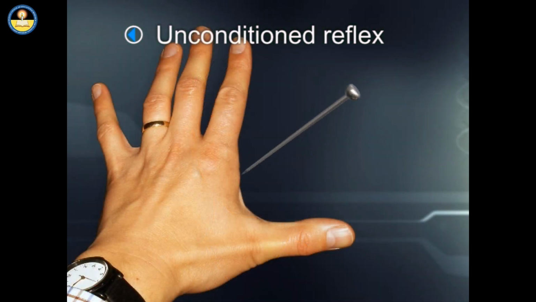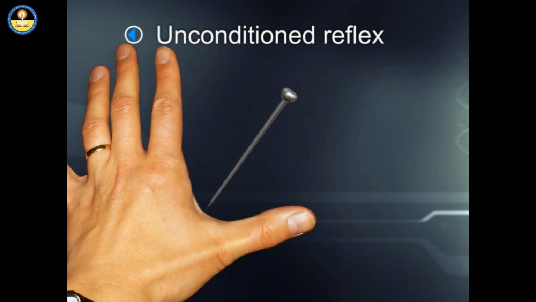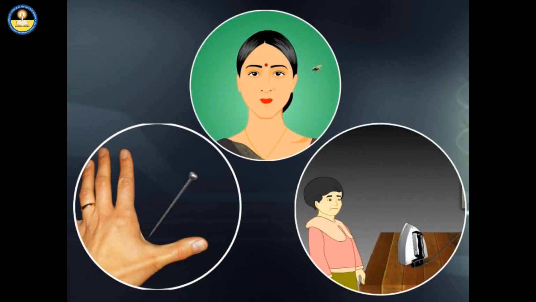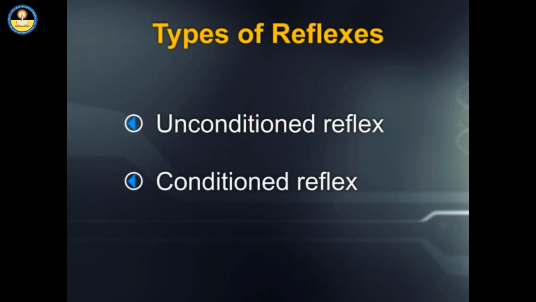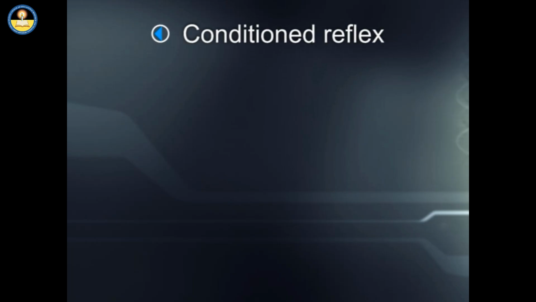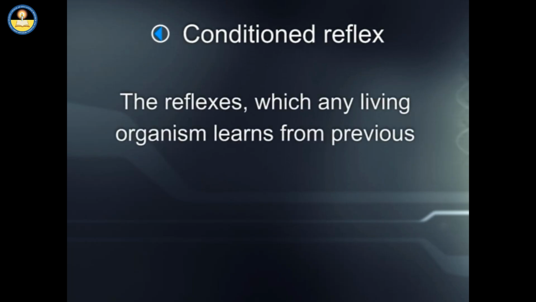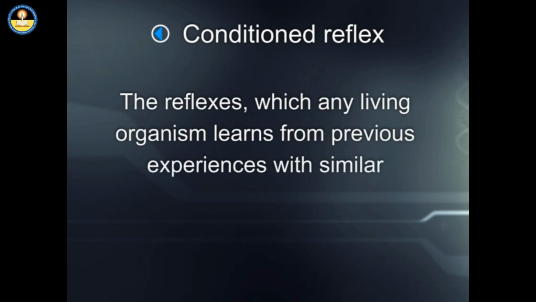During these reactions, the body reacted whether there was any past experience or not of that stimulus. Conditioned reflexes are the reflexes which any living organism learns from previous experiences with similar stimulus. These reflexes work by learning to associate one stimulus with something else.